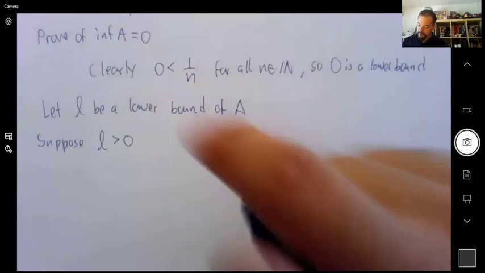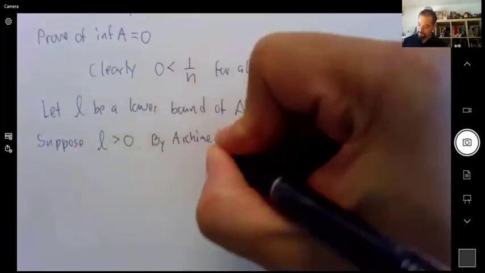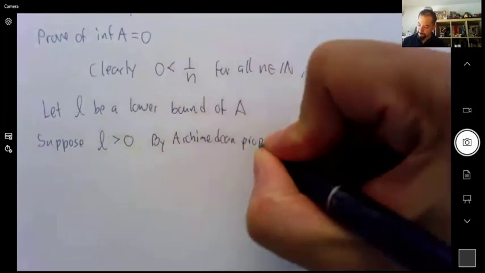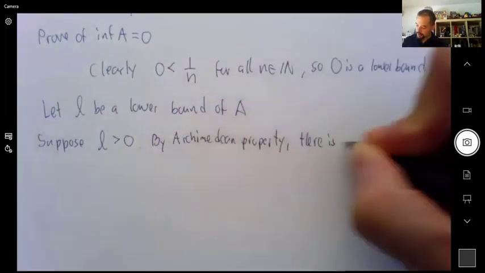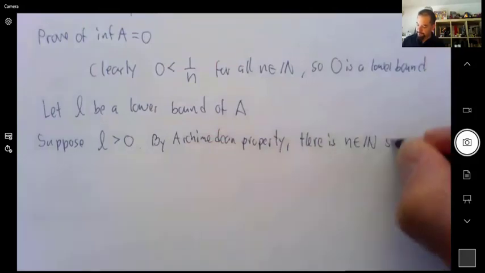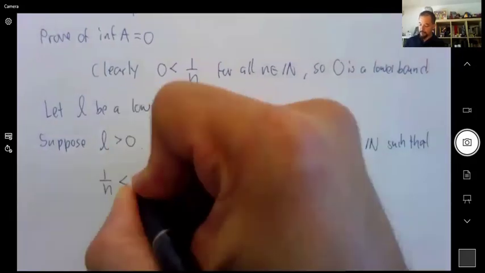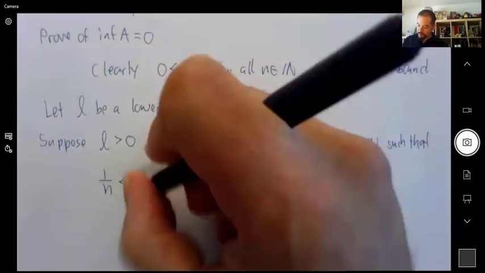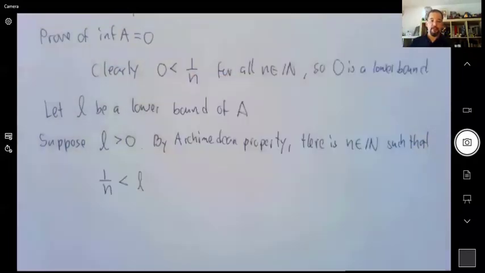So by the Archimedean property, there is some little n such that 1 over n is less than y. Oh, not y, good call. We're using it with L, right? 1 over n is less than L.